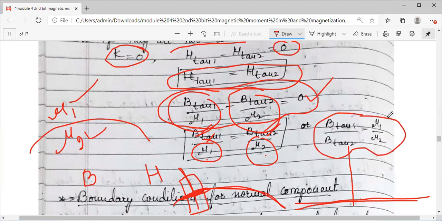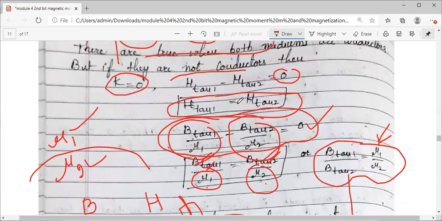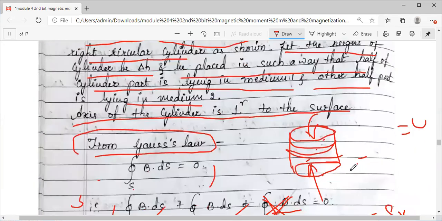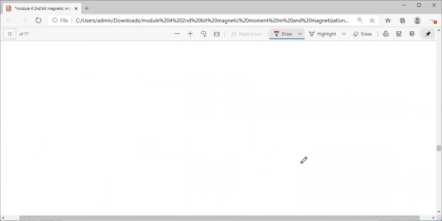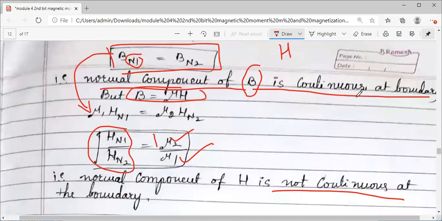It was not continuous, क्योंकि वो permeability पे dependent था. But H was continuous. H tan 1 is equal to H tan 2, provided K is 0. That we had given the condition. H is continuous, B is discontinuous. ये tangential के लिए. But when we talked about normal component, ulta hai. B is continuous, H is discontinuous.